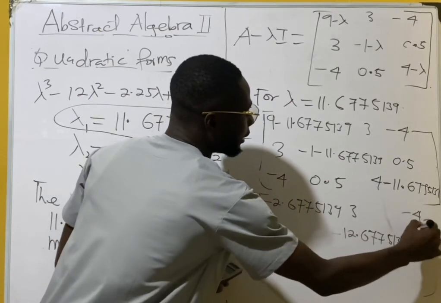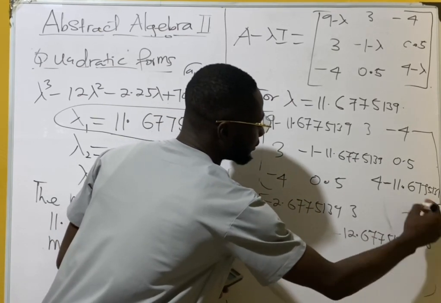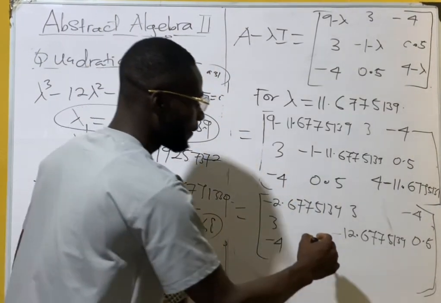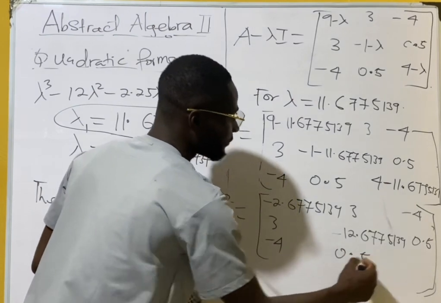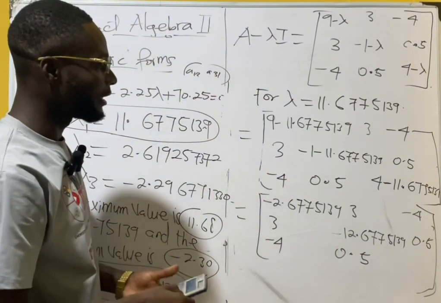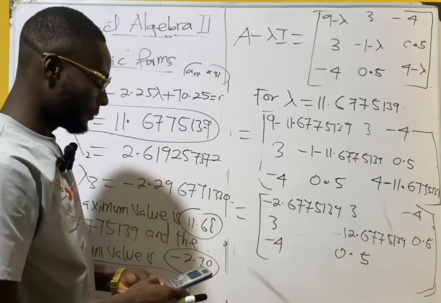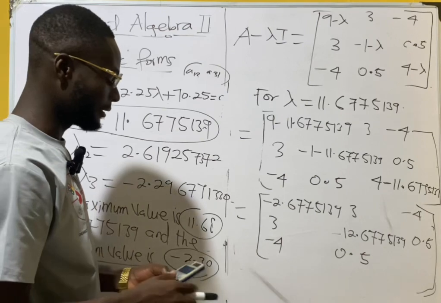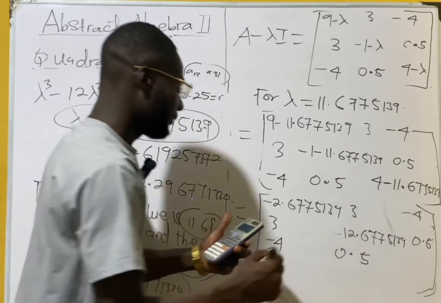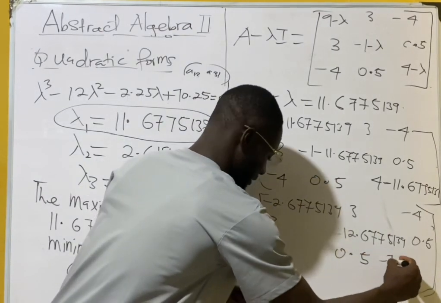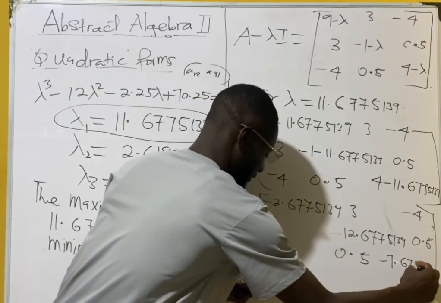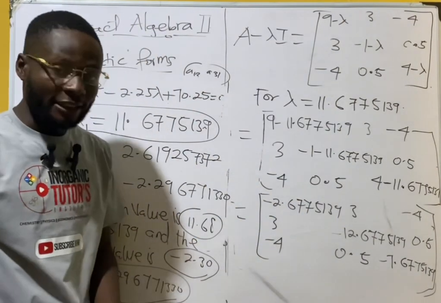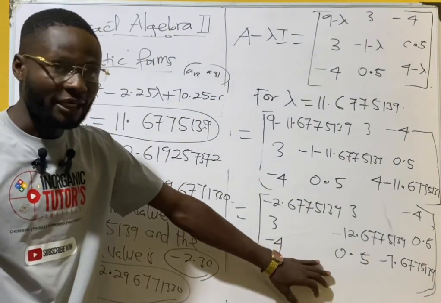Okay, then we have our 0.5 there. And the last one is negative 4, 0.5, then 4 minus 11.6775139 is negative 7.6775139. Right, so this is the simplified matrix.